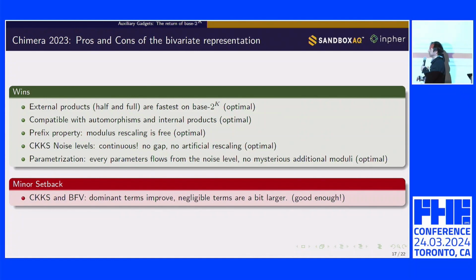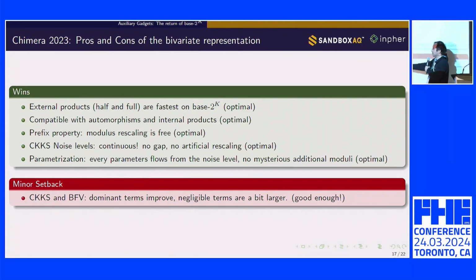And for those who know, there was a slight difference between how the noise worked for CKKS and BFV. In CKKS, in the CRT representation, we always have to artificially rescale the CKKS ciphertext before doing a product so that it fits to an exact boundary between the primes. And the problem does not happen if we have a base 2K representation.